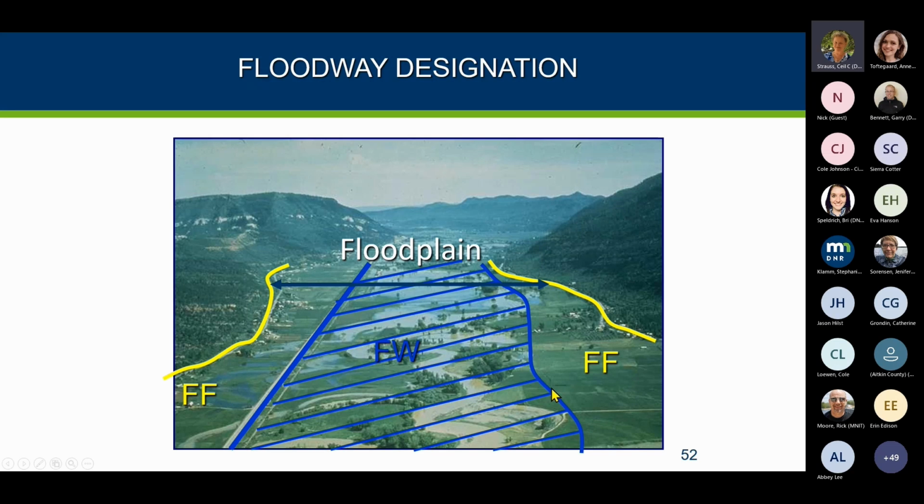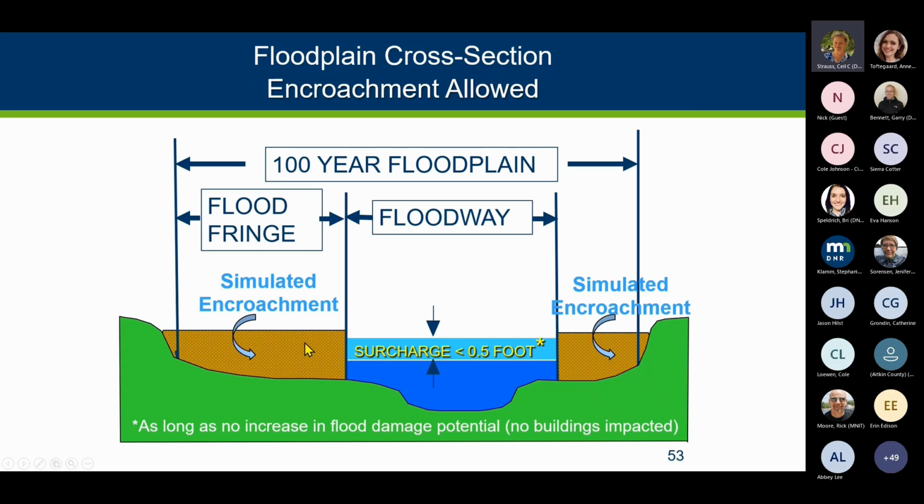And the community will usually be involved in marking what is the boundary that they think should be the floodway. Then the engineers will modify that cross-section that Ann was showing there and simulate that they've got encroachment fill, that they've filled in part of that cross-section.